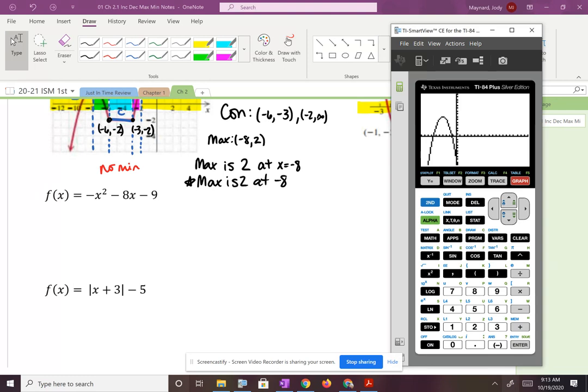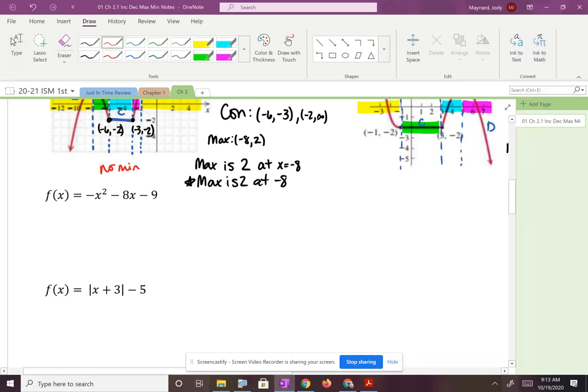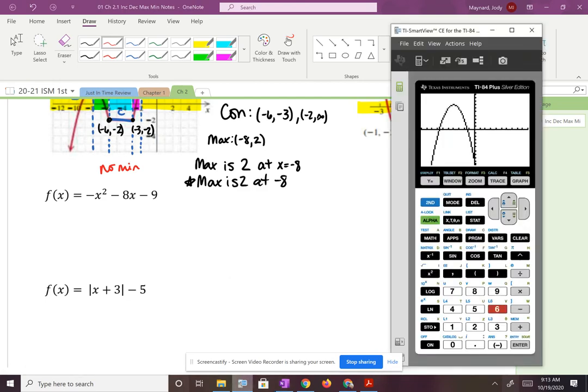So if we graph it, there it is. Now, if yours is very weird and you can't see something, remember, if you hit zoom 6, and zoom 6 says zoom standard, it'll give you that 10 by 10 graph like normal. Mine was zoomed down a little bit because I needed it to be for my other class. So zoom 6, if you need that, zoom 6 resets the graph.